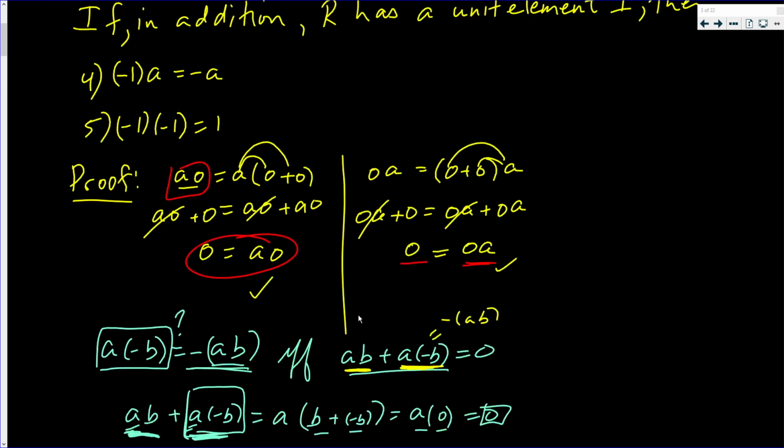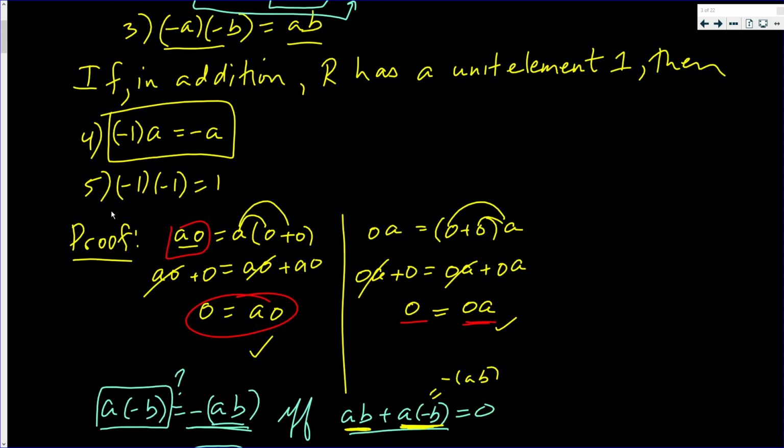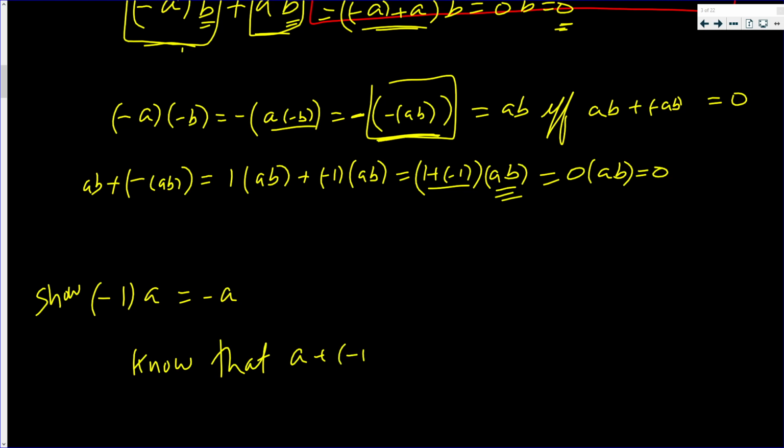Okay, let's see what the next one is. So now we are in a ring that has a unit element, and I want to show that negative 1 times a is negative a. We want to show this. Well, I know that a plus negative a is equal to 0.